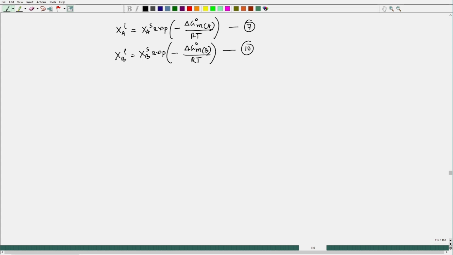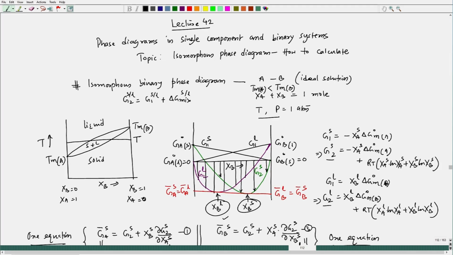Once we get that, if I go back to these two compositions, the liquid B composition XBL can also be expressed in terms of XAL.